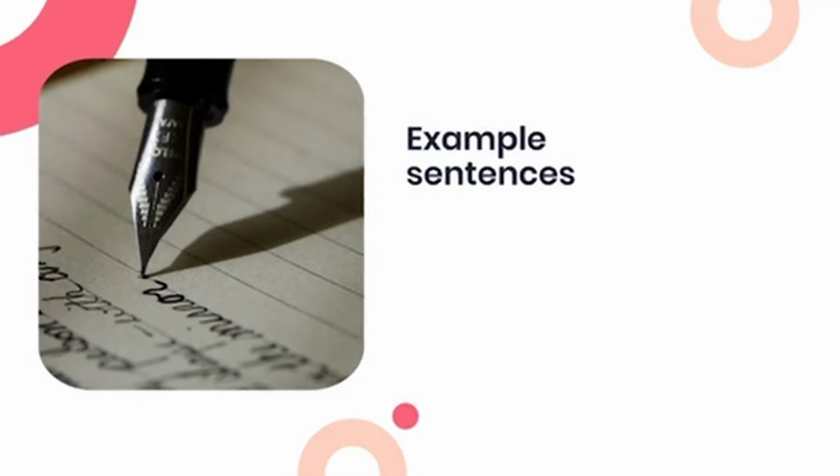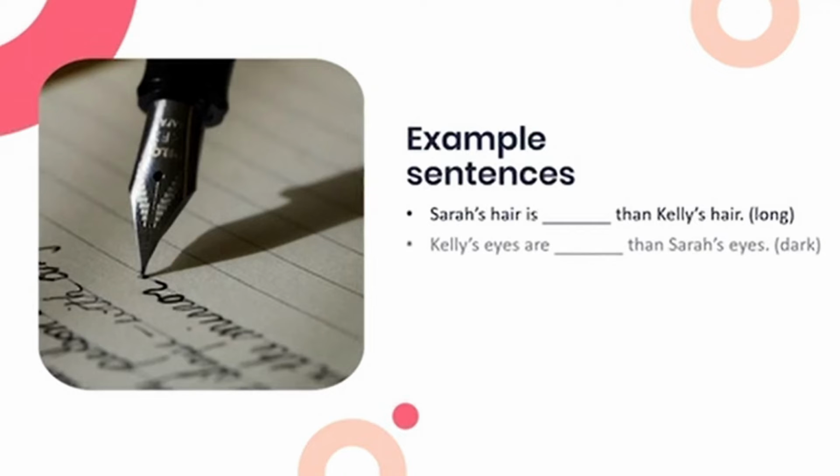Okay, now let's go ahead and make some sentences. Take a moment to fill in the blanks. In the first sentence, we can say Sarah's hair is longer than Kelly's hair.